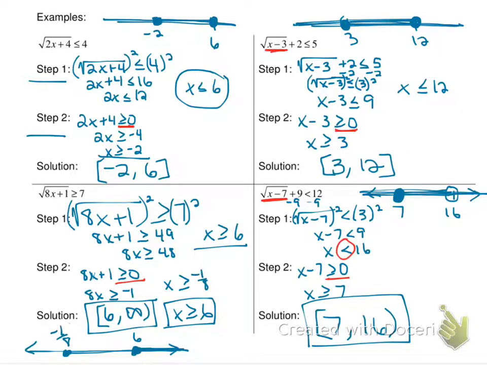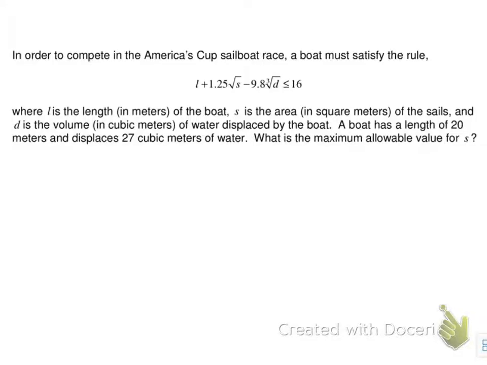Okay, let's look at this last question. So this is just kind of a plug and chug answer. In order to compete in the America's Cup sailboat race, a boat must satisfy this rule, where L is the length in meters, S is the area in square meters of the sails, and D is the volume of water displaced by the boat.